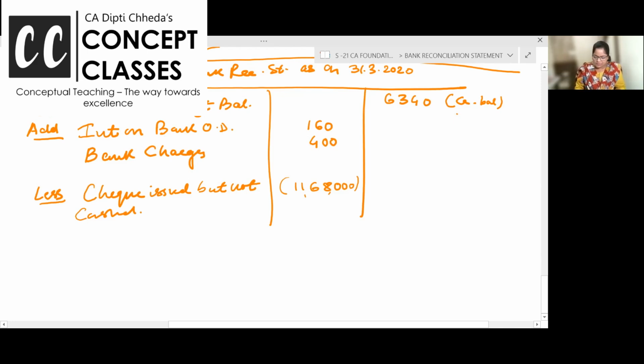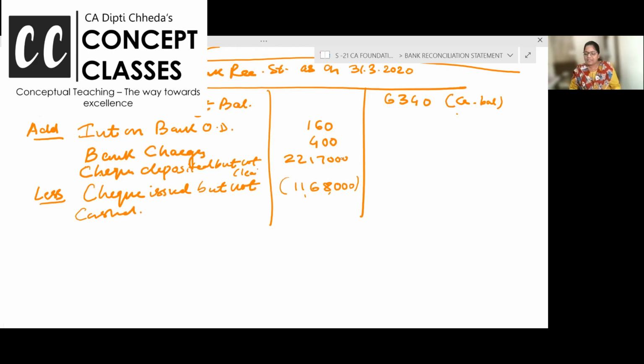Add. Check deposited but not cleared. 22 lakh 17,000. When I deposited, I debit. So now it is credit.